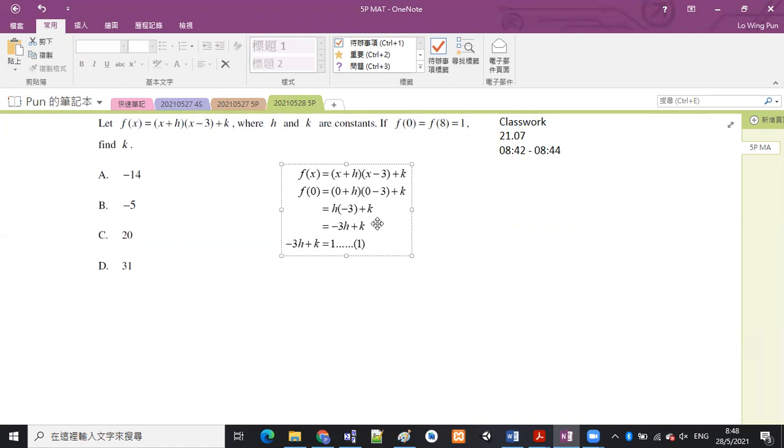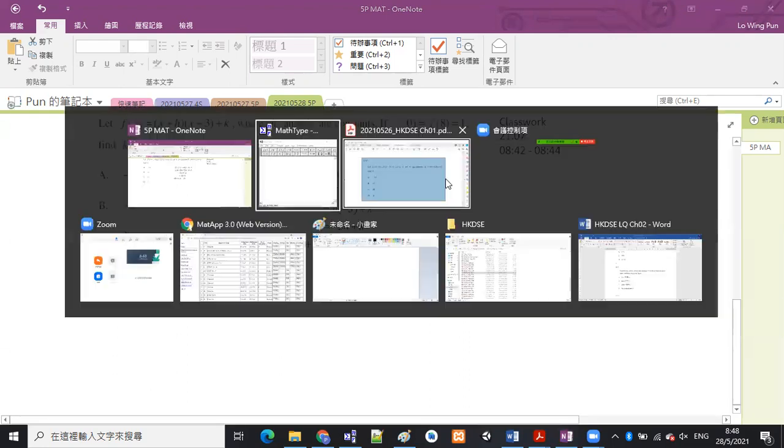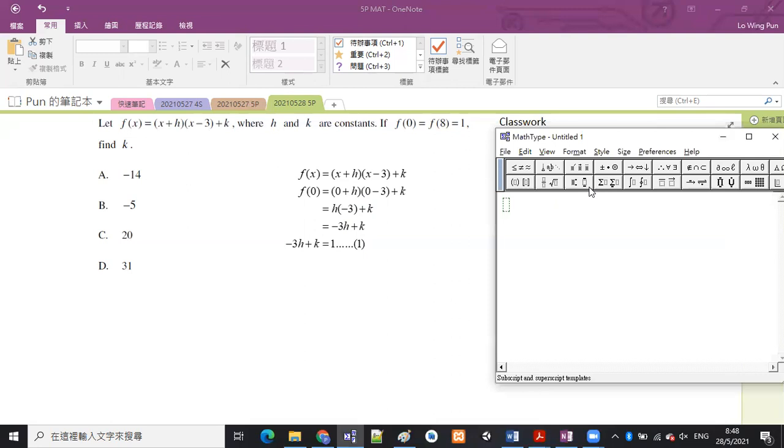Equation 2. So we are going to calculate f8. It should be like this, right?